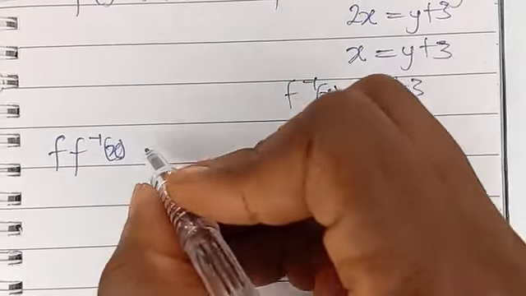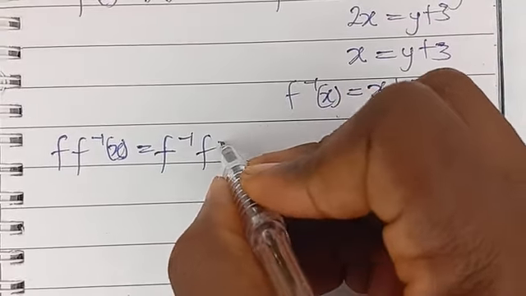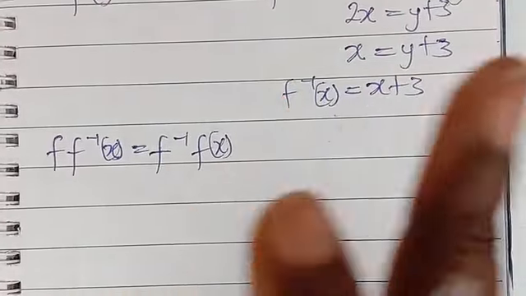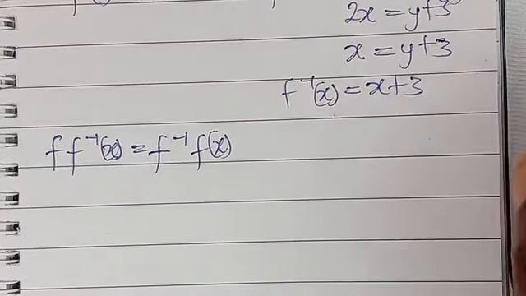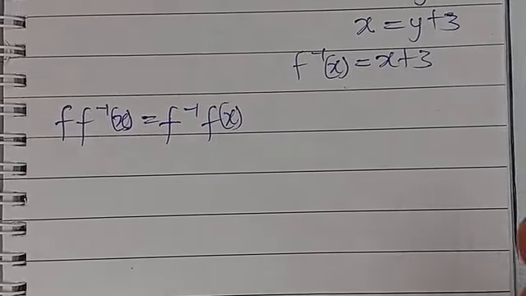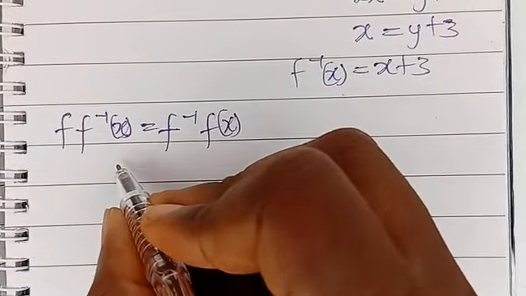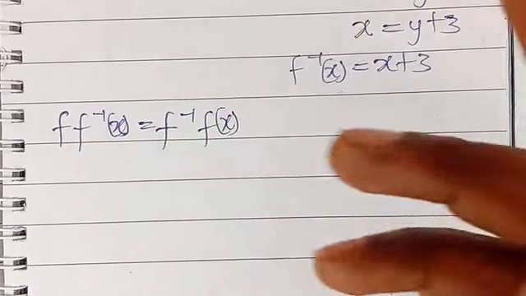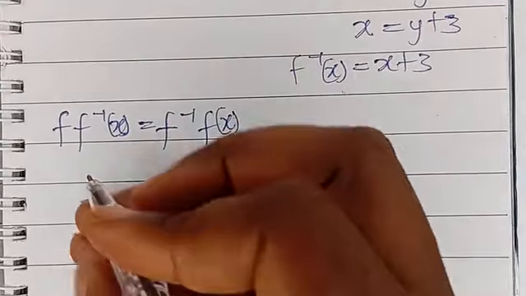We are told to show that it's equal to f inverse of f of x. We have to show that this is equal to this. We can solve it at the same time, and we can solve it separately. Let's solve it separately to avoid confusion. The naming is already confusing.